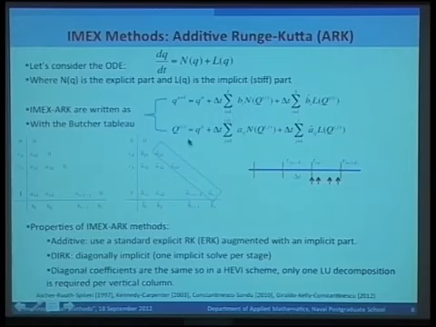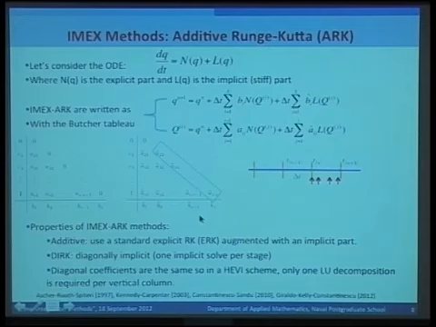You can think of these Q's this way: say you're going through your domain in time with delta t being the thickness of these yellow lines, and these stages are intermediate values between those time levels. If you look at the Butcher tableaus, which is the way we typically write these IMEX or RK methods, here is the tableau for the explicit part, and here is the tableau for the implicit part.